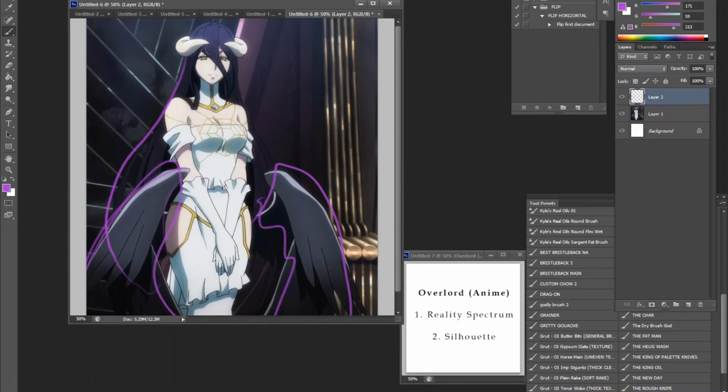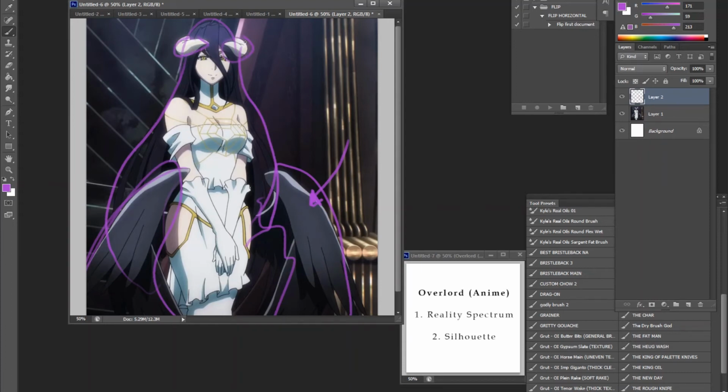Now you add the elements of stylization, so of course we don't have dark angel wings, and most people probably wouldn't have hair like this.